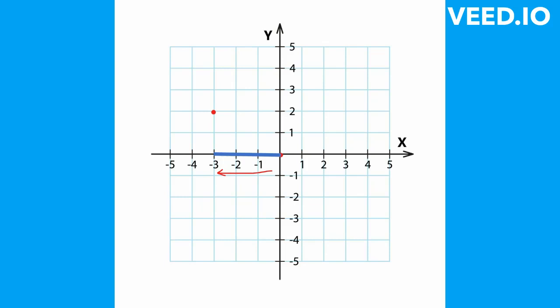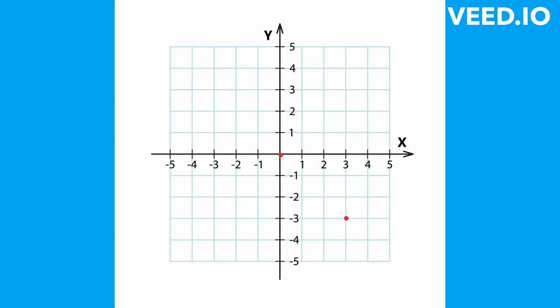So the x coordinate should be -3. This particular point is 2 units from the origin in the direction of the y-axis. So -3, 2 is the coordinate pair.